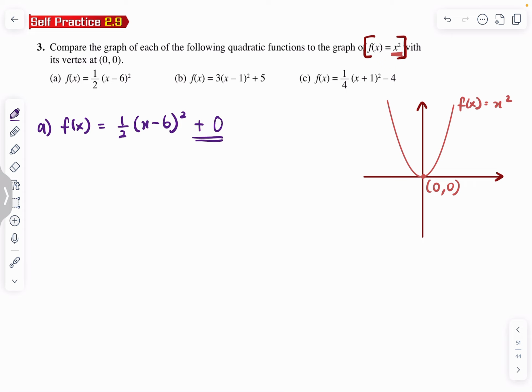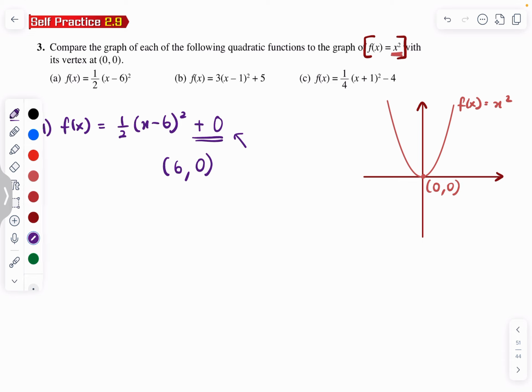So our vertex will be negative 6. You must make it positive, and y you just copy down. This is how to find the vertex from vertex form. Okay, the x value only, you have to change the symbol. So now we know our vertex is at (6, 0).